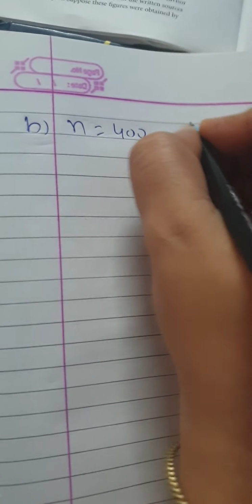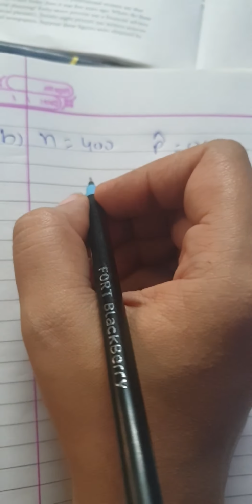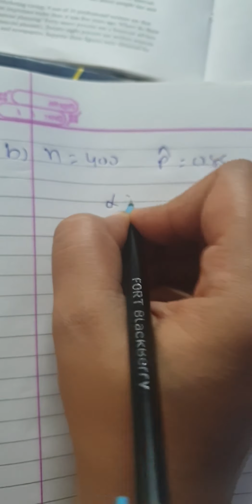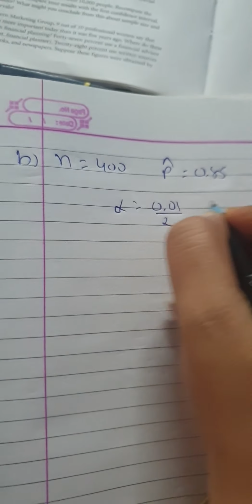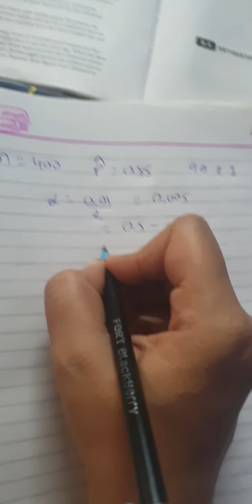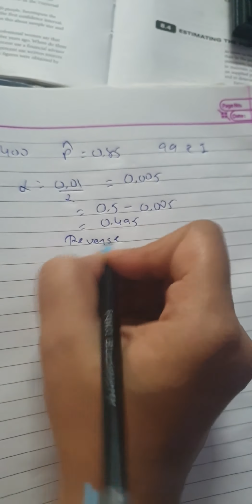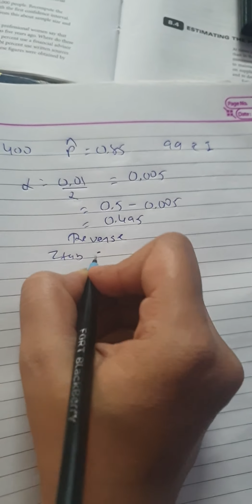Second, n equals 400, P cap 0.85, 99% is your confidence interval. So alpha will be 0.01 divided by 2, so 0.005, 0.5 minus 0.005, so it is 0.495. Then you will check the reverse value, so the Z tabular value will be 2.58.